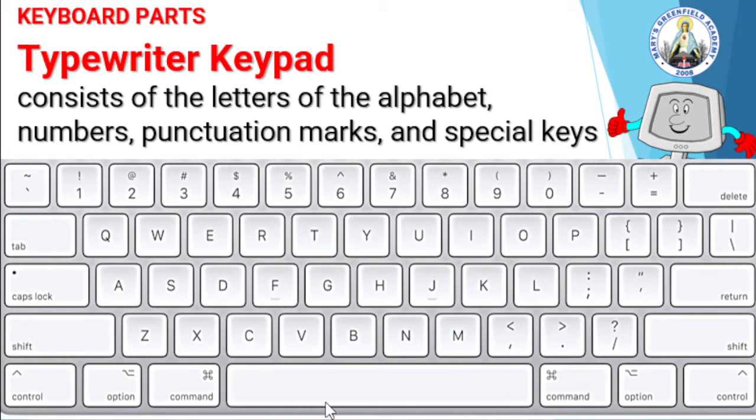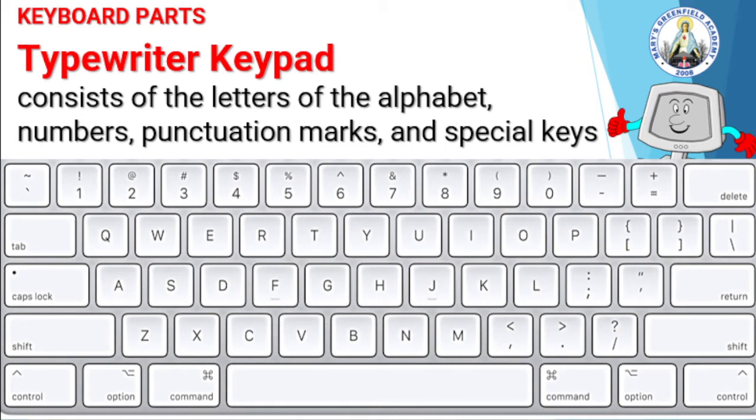Nasa gitna naman yung mga letters. And nasa bottom part naman niya yung space bar. And nasa sides ang mga special function keys, which are the tab key, caps lock, the shift key, control, alt, menu, and enter. Yan. So that's a typewriter keypad.